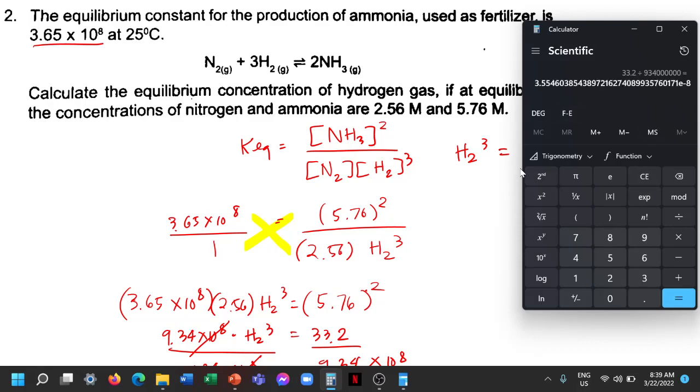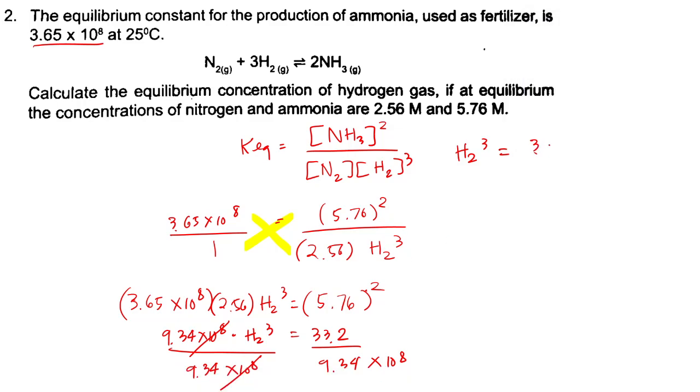That's equal to 3.55 times 10 to the power of negative 8. And we're finding here the H2, so we can remove the cube by getting the cube root of both sides. Obviously, this will be cancelled.